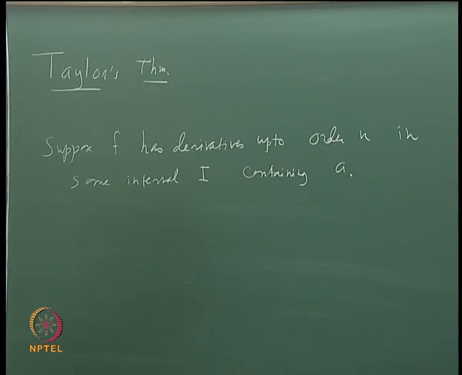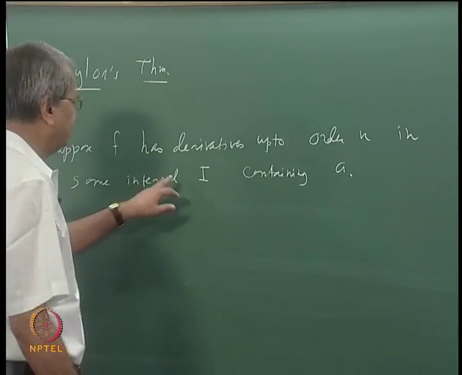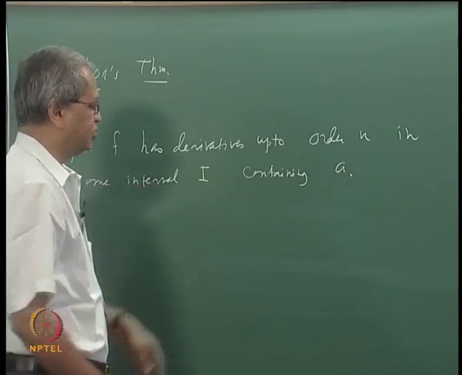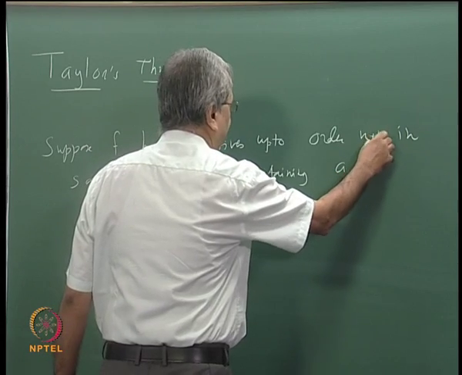Then in order to understand the difference between that polynomial and f, that difference is given in terms of the derivative of order n plus 1. So let us assume that it is up to order n plus 1.